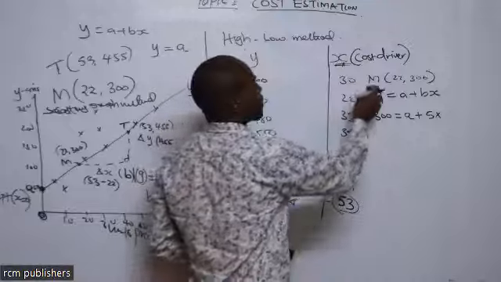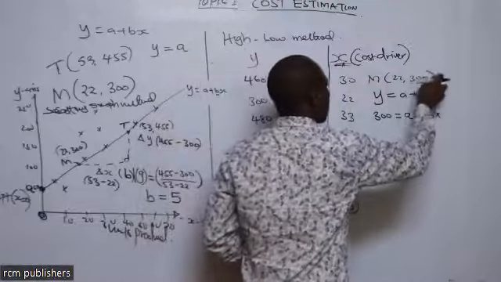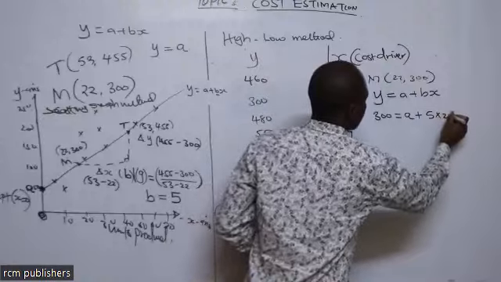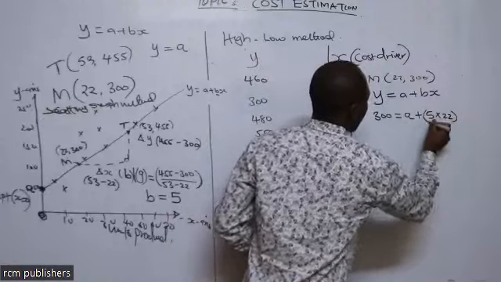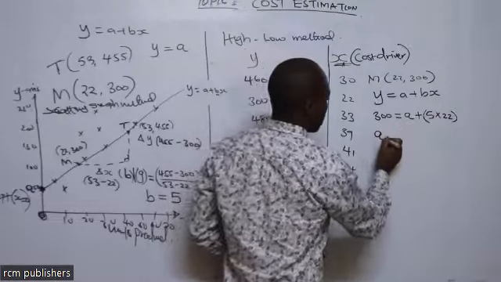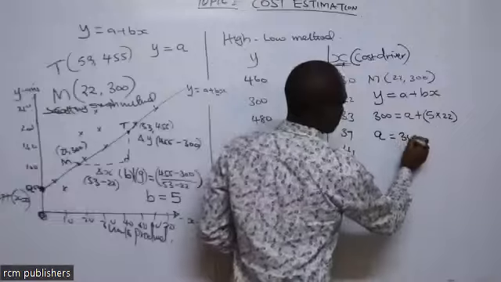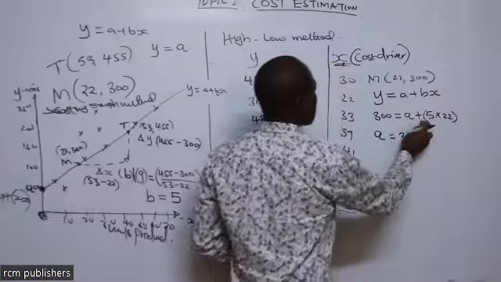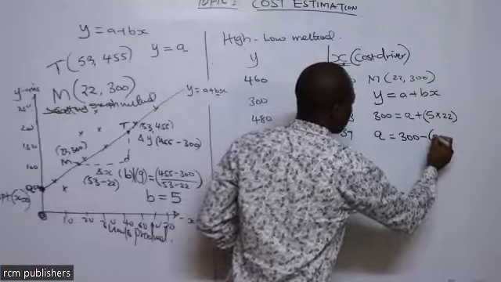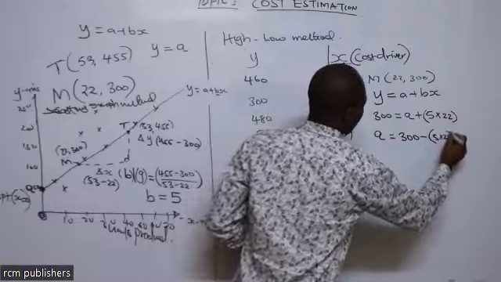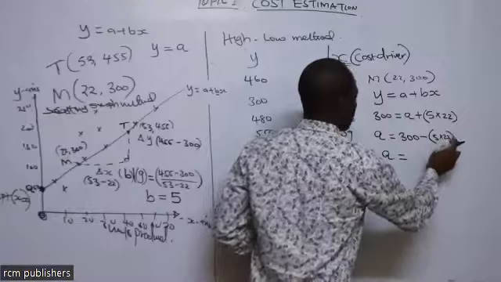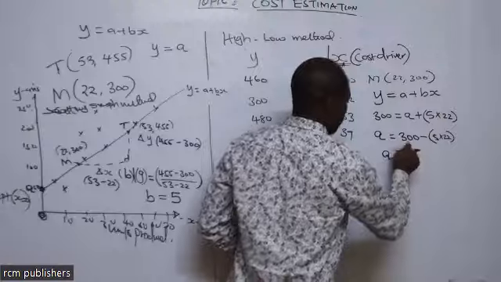What is our x in this particular coordinate where we got the 300? It is 22. So we multiply by 22. It means for us to get the value of a, we will say a is equal to 300. This one is plus. If it crosses the equal sign, it will be minus 5 times 22. So the value of a is therefore equal to 5 times 22 subtracted from 300.